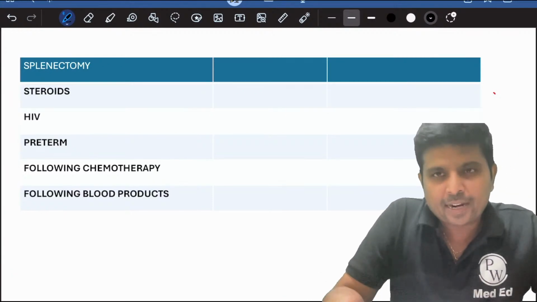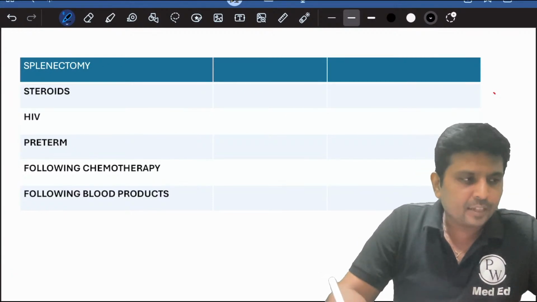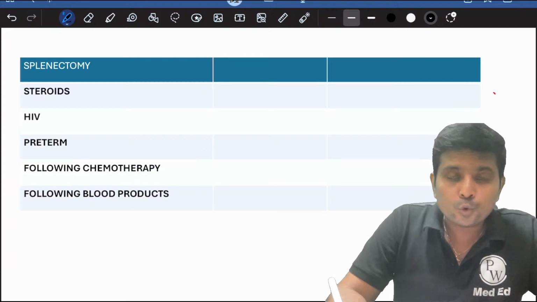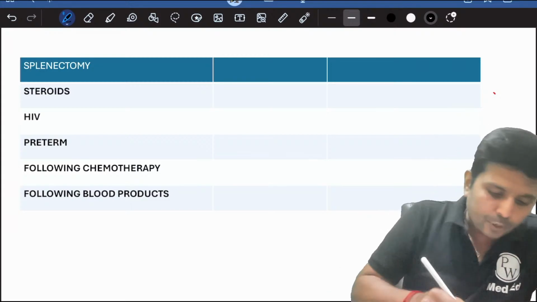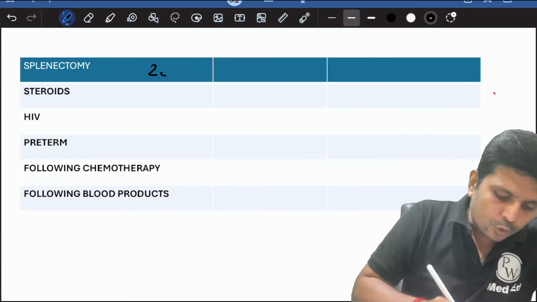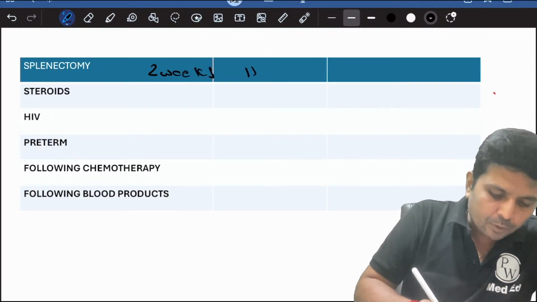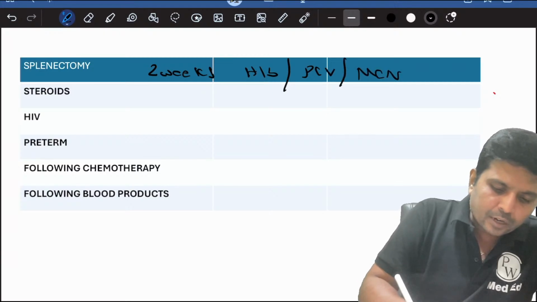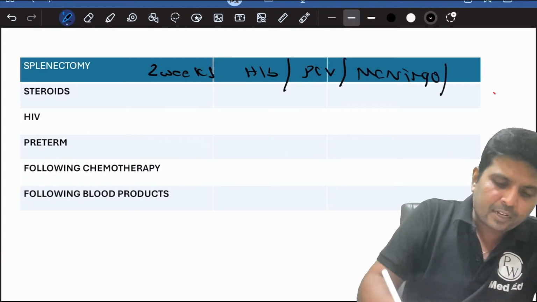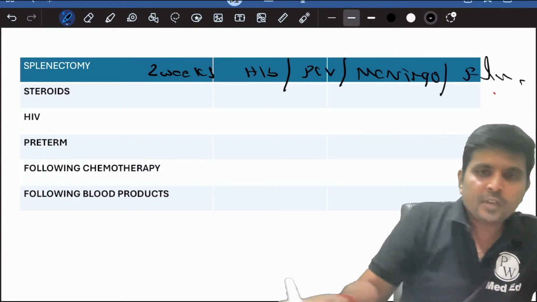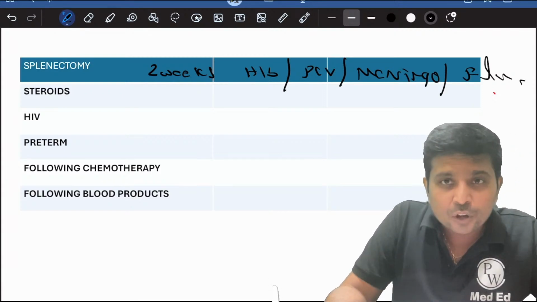Whenever you plan to do splenectomy, 2 weeks before splenectomy you need to give Haemophilus influenzae, pneumococcus, meningococcus, the capsulated organisms, as well as flu vaccine.